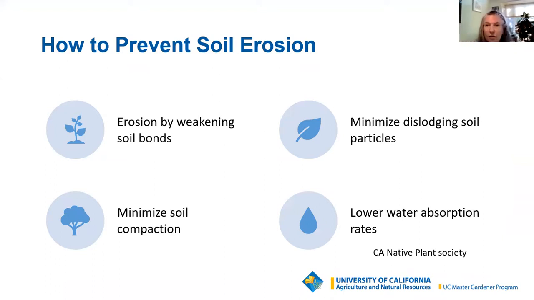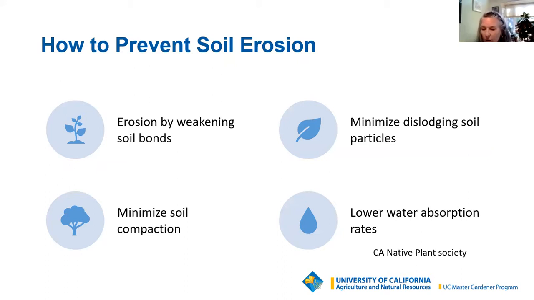Dislodging soil particles, you want to minimize that. Remember that rain that splashes out? Trampling, we don't want to trample the new seedlings that are beginning to sprout. And reduce the compaction of the soil, because when it squishes together, it reduces the ability for the water to absorb, and it increases the likelihood that it's going to run off.